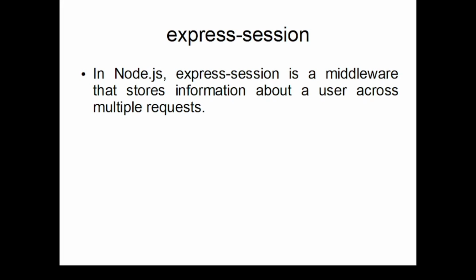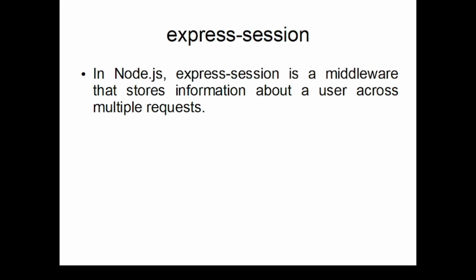So in Node.js, Express session is a middleware that stores information about a user across multiple requests. Normally, when a browser sends a request to a server, it forgets everything about you once the request is complete.